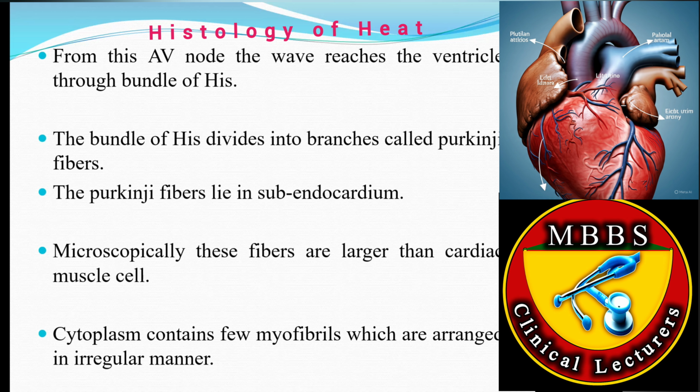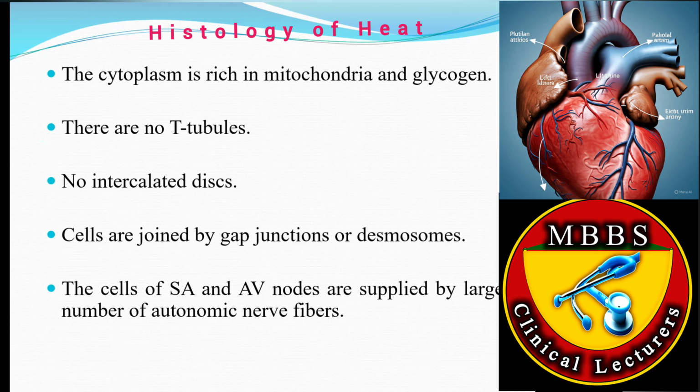Microscopically, these fibers are larger than cardiac muscle cells. The cytoplasm contains few myofibrils which are arranged in an irregular manner. The cytoplasm is rich in mitochondria and glycogen.